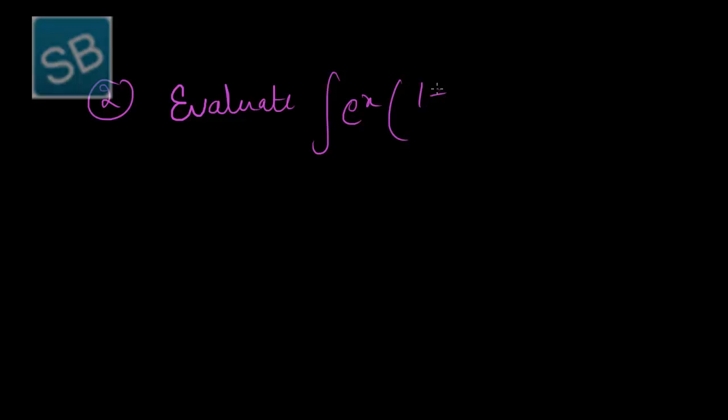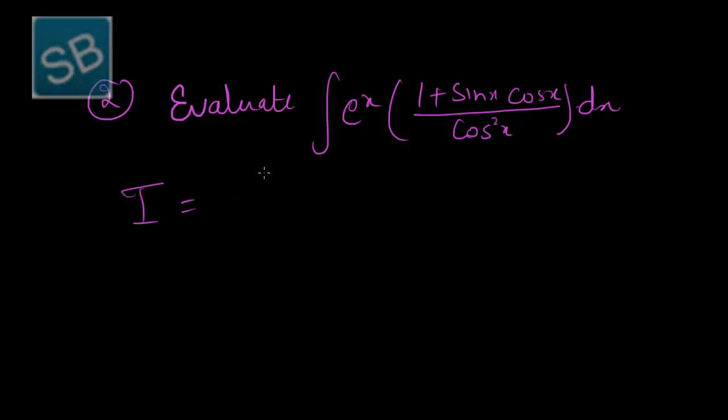Evaluate the integral of e raised to power x into (1 plus sin x cos x) over cos square x dx. If you see, it looks like a very complicated problem.